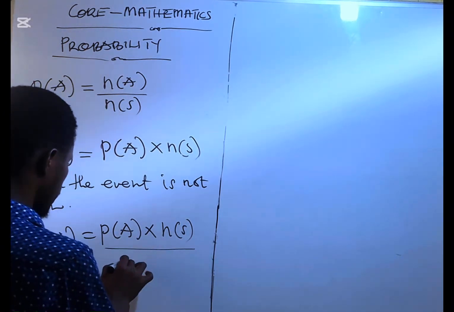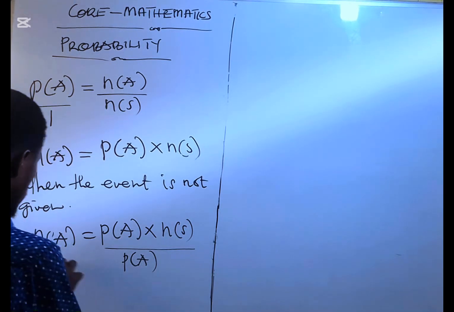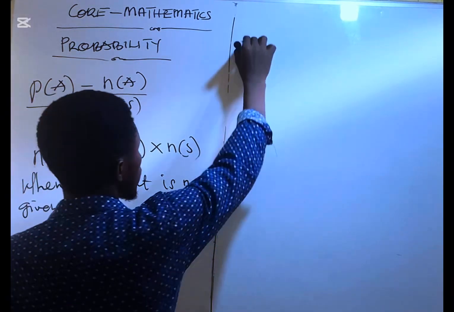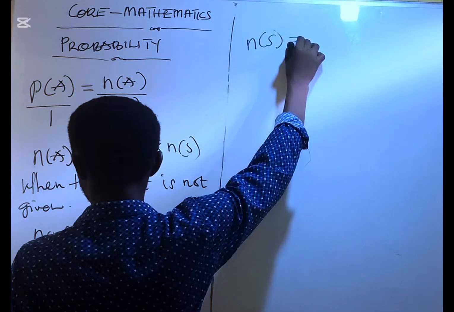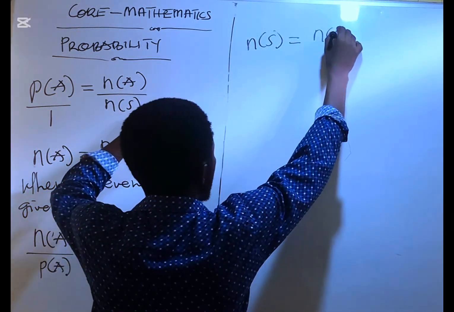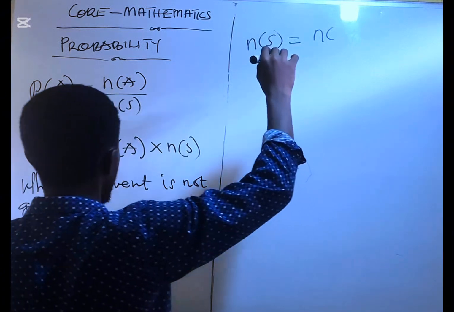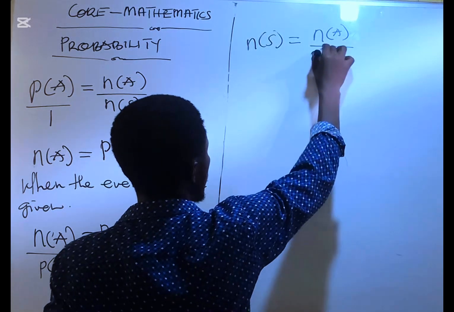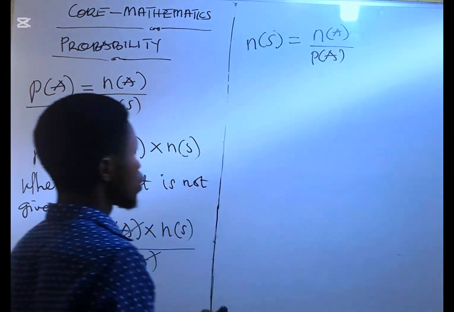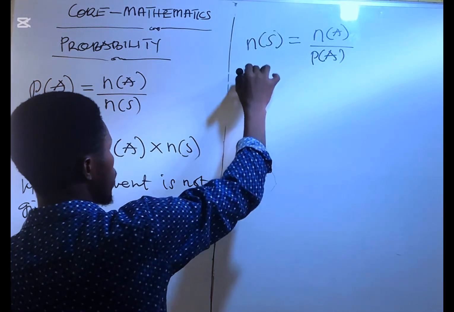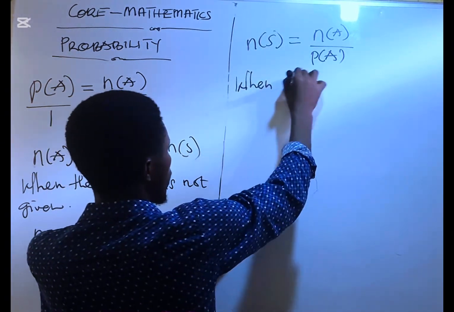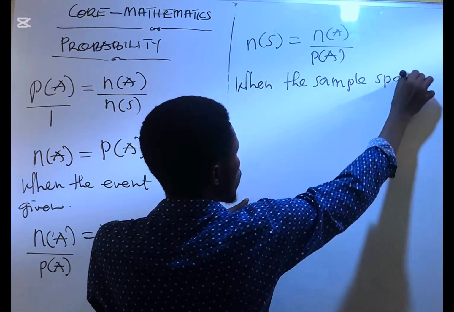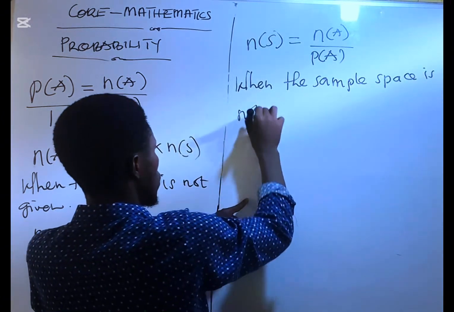You divide both sides by the probability of A, so this will cancel this. It means that if the sample space is not given, the formula is going to be the number of events over the probability of the event.